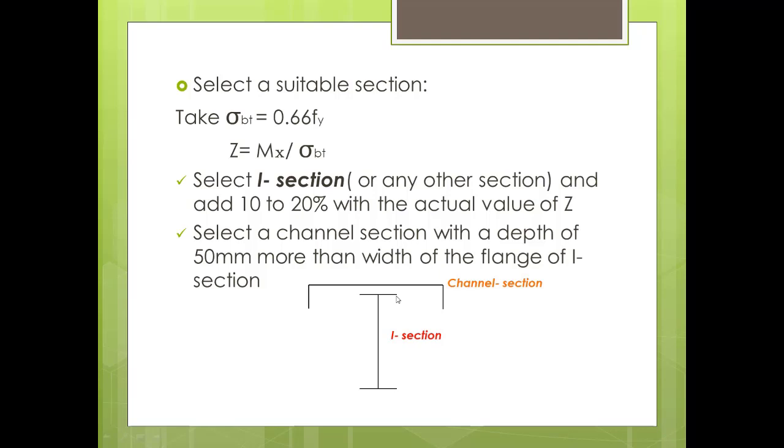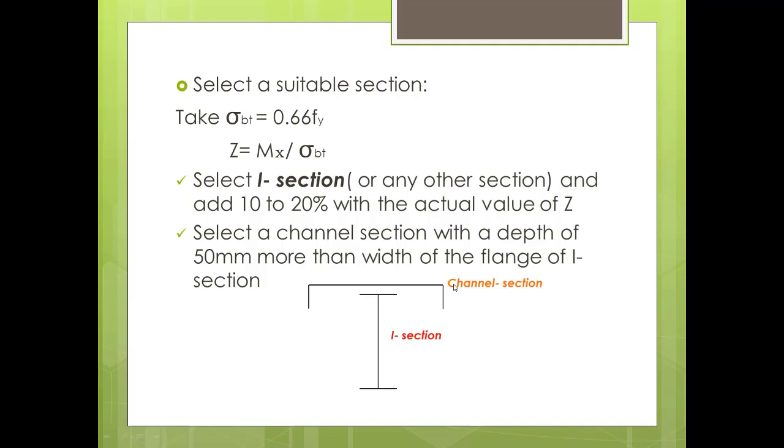You will get the dimensions from the steel code book, as per the specifications of the sections you are taking. Suppose we have chosen an I section which has a width of 250 mm.